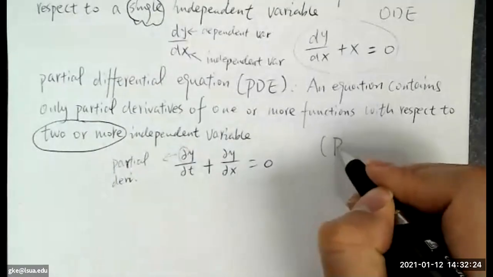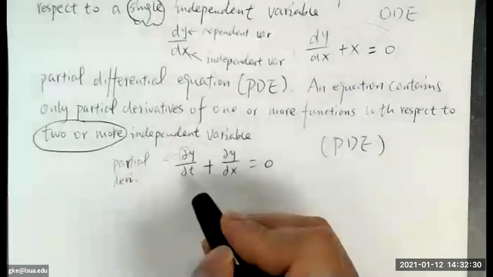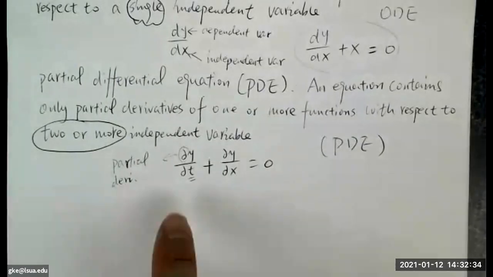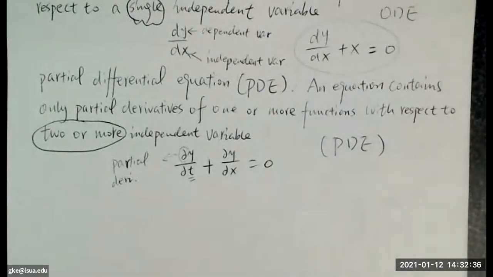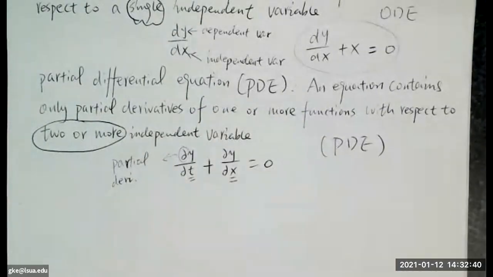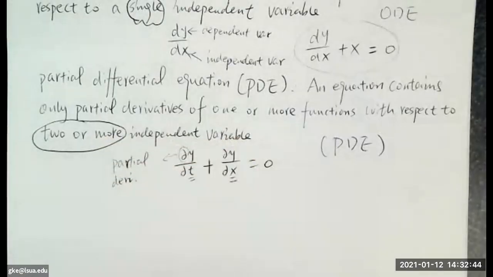Why is that? Let's take a look at the denominator. Because the denominator has partial t, we have one independent variable, and here is another one, so we have two independent variables.